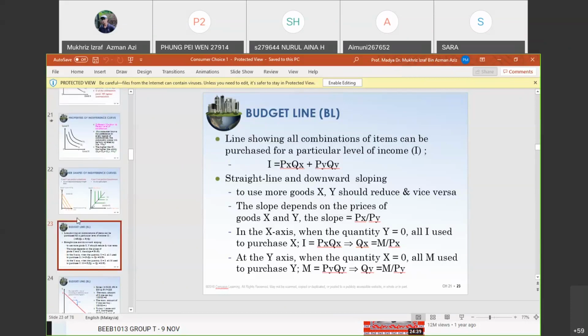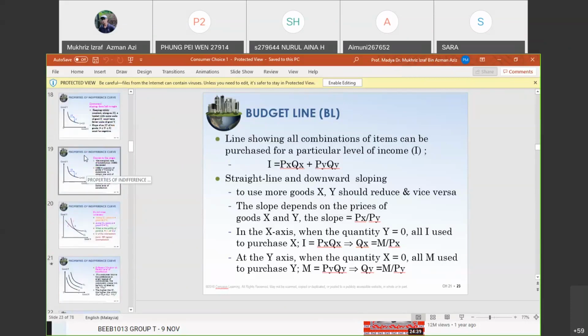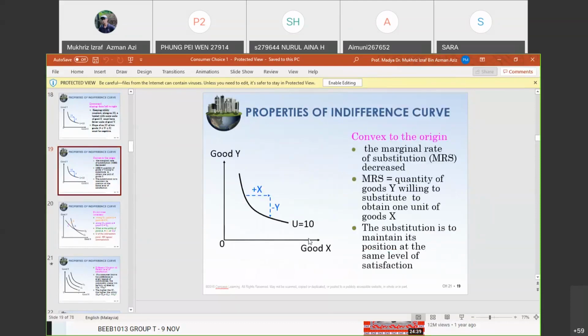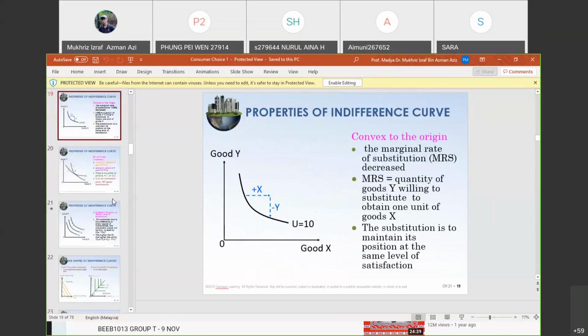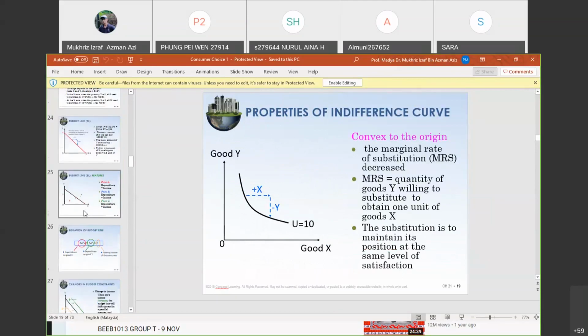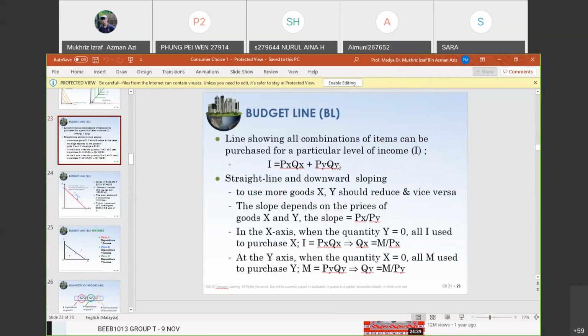First, we discussed what an indifference curve is, which is a curve that shows different combinations of X and Y that give you the same amount of satisfaction or utility. And then you must also learn the concept of the budget line. A budget line is basically a simple linear graph that shows the connection between the quantity and price of good X and the quantity and price of good Y in relation to your income.